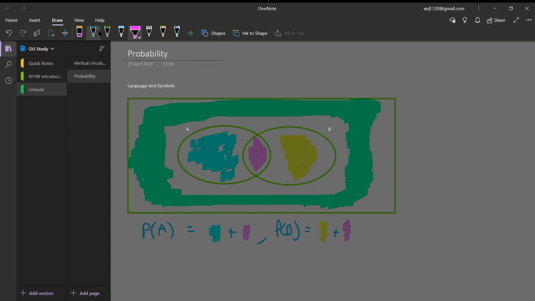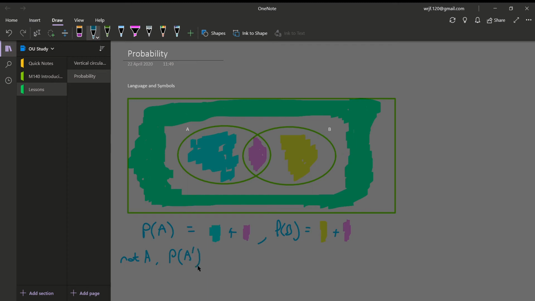We can also talk about things not happening. So for example, I might talk about not A, and I use a particular kind of symbol for that, for saying that something hasn't happened, and I'd be talking about the probability that A has not happened. I'd be using a little dash on it there.